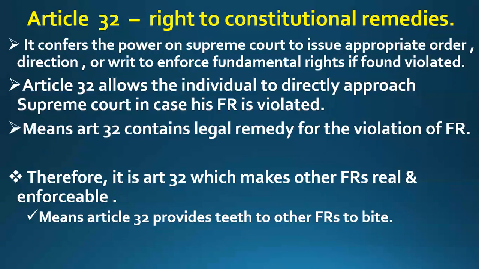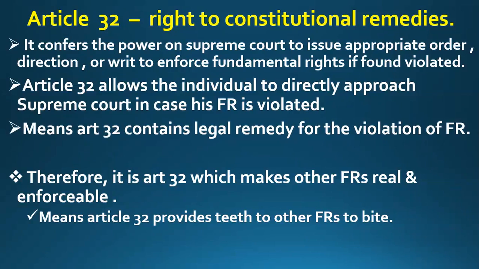Similarly, Article 32 has the legal remedy for the violation of fundamental rights. If the fundamental right of any person is violated, then that person can directly approach the Supreme Court, and then the Supreme Court will restore the fundamental right of that person and give relief to that person.